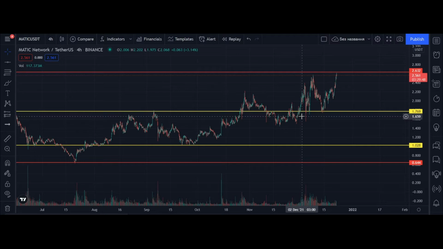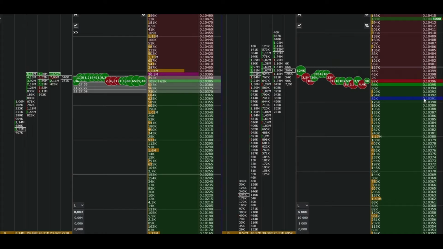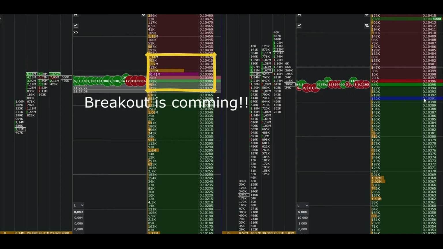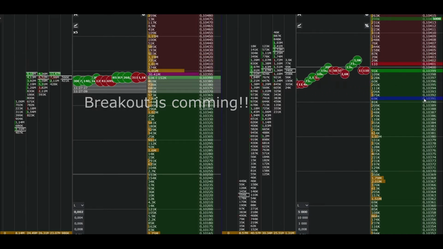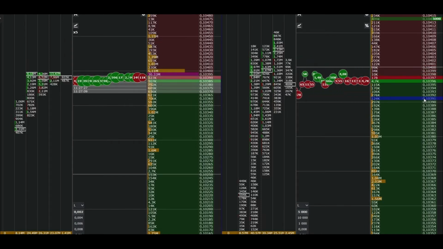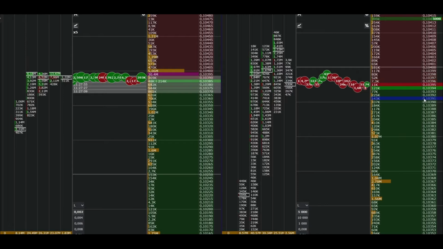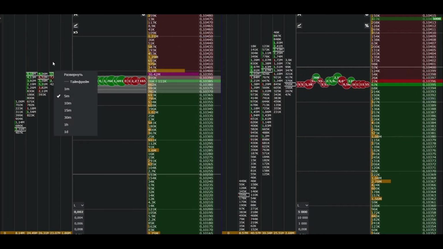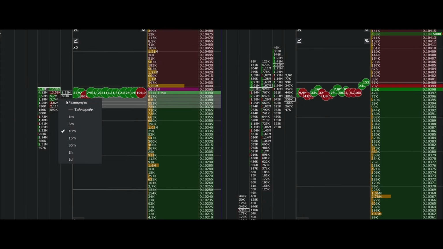Let's talk about entrance zones and how many lots we should place according to your deposit. Let's look at the situation where we see the perfect entry point. We should divide our trading amount into 2 or more parts and put one part with a limit order, which charges less fees than market orders, and another buy market right at the moment of breakout.